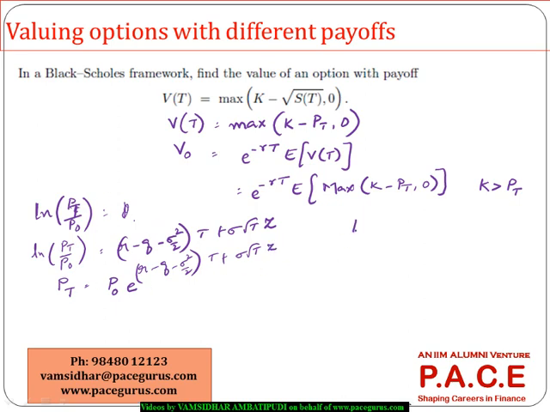So my interval is when K is greater than this expression, I find that the payoff will be K minus PT.